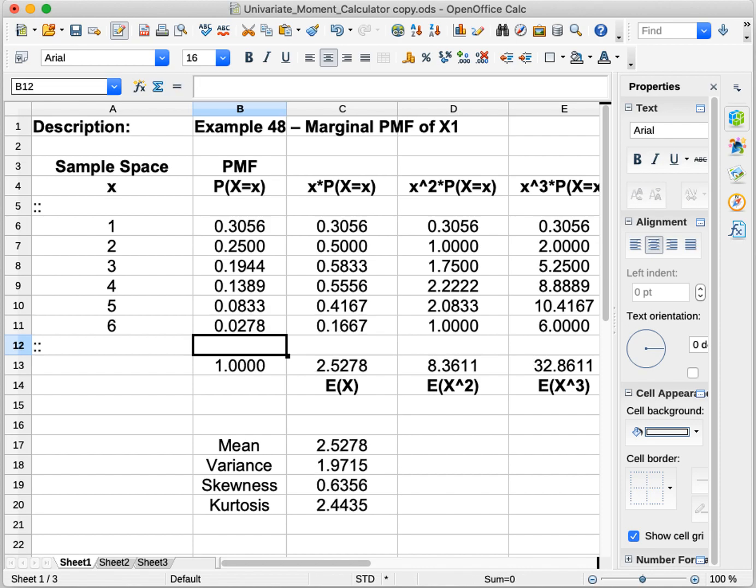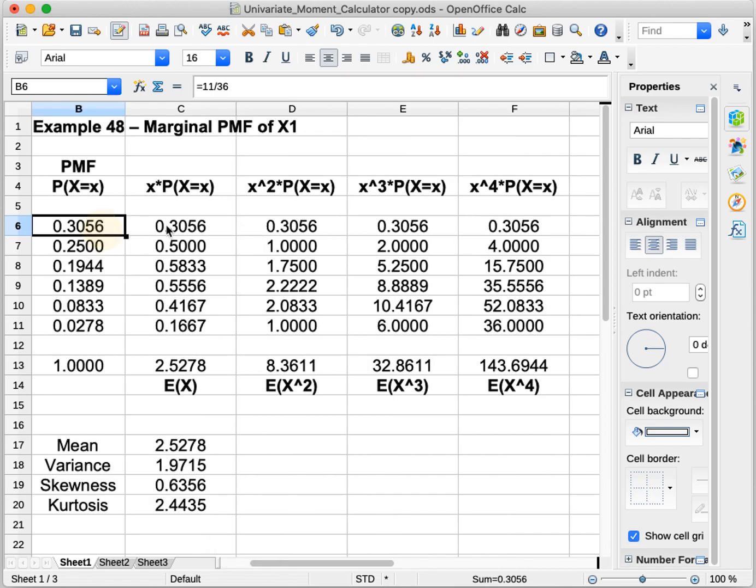Okay, and so then all I had to do is make sure that I've got the sample space in correctly and type in the probabilities. You can see up here it's showing me the actual fractions that I entered in, and the decimal representation in the cells. So I've got those entered correctly, and now everything else is programmed in.